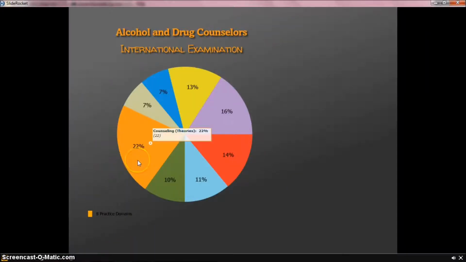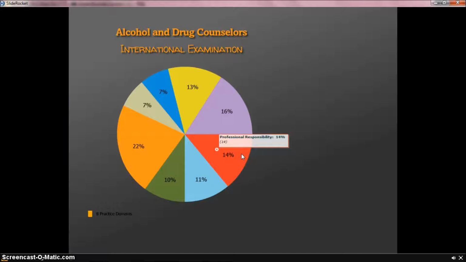As you can see, 22% of the exam is on counseling theories. Then 60% of the exam is on clinical evaluation, which is screening, assessment, intake, orientation. Then 14% is professional responsibility.